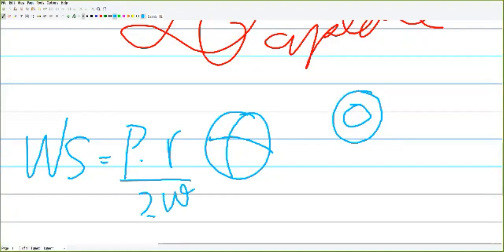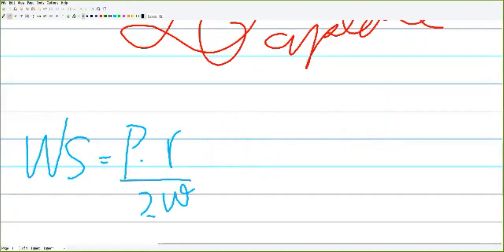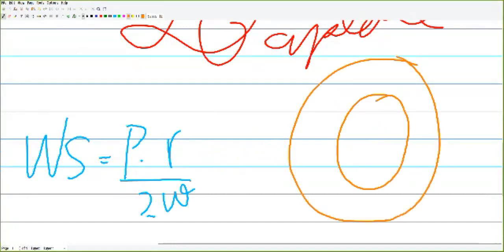Okay. So the radius is, let me do it a little bigger so that we can see it, right? So we have here two concentric circles. And this is a zoomed version, right?